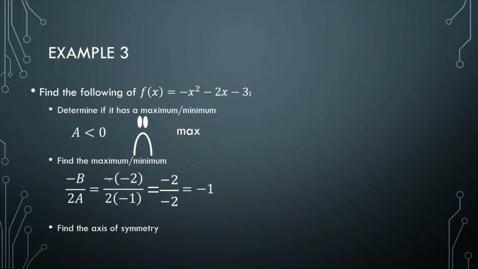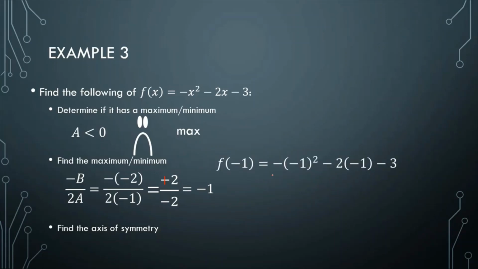So let me show you what I'm referring to. The opposite of negative 2 would be a positive 2. This is 2 times negative 1, which would be negative 2. So positive 2 over negative 2 gives us negative 1. Then you take the negative 1 and plug it in.